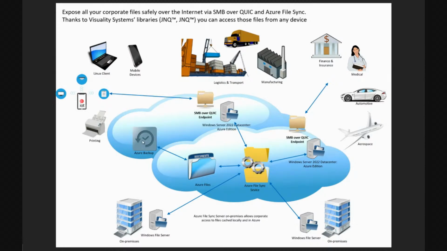You can back them up in the cloud if you want, but there in the cloud, you can run your Windows Server 2022 Datacenter Azure Edition servers, which expose SMB over QUIC if you want to, and then it can be used from anywhere: from Windows clients, Windows 11, or potentially with something from Visuality Systems, a Linux client, mobile devices, Android, iOS, IoT devices, printers, sensors in logistics, transport, manufacturing, finance, medical devices, scanners, automation, aerospace, you name it. All verticals.